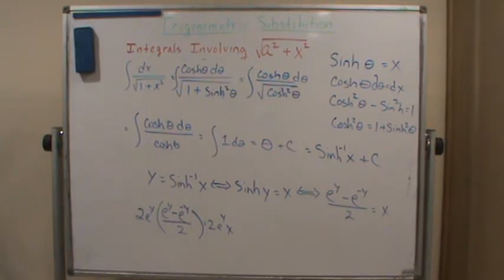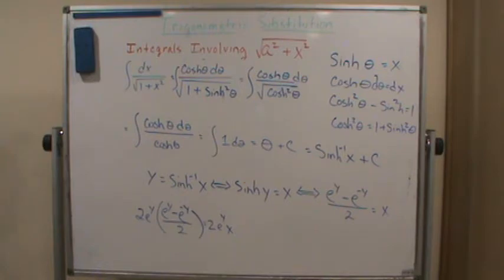And I'm going to simplify this, and the reason I'm doing this is because I'm trying to get this into a form that I can take the natural log of both sides and solve for y differently, and get a different expression.